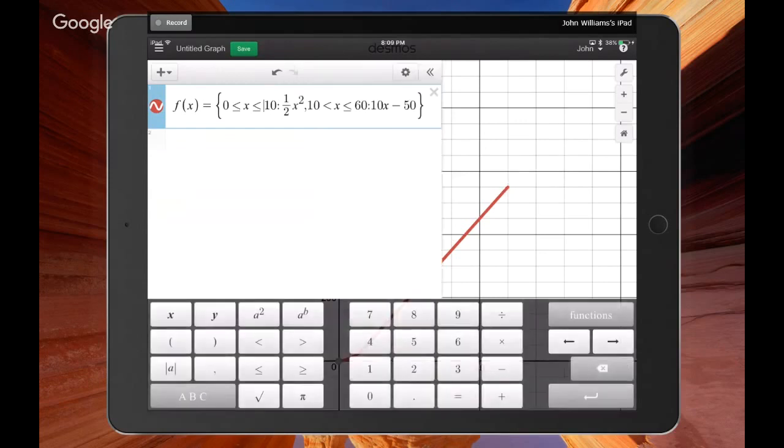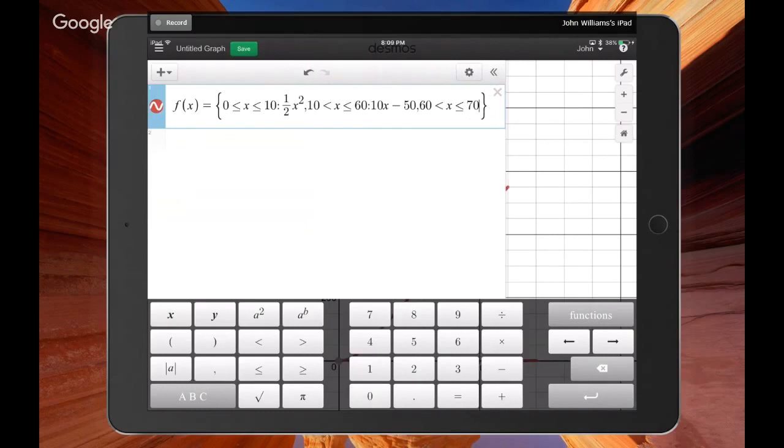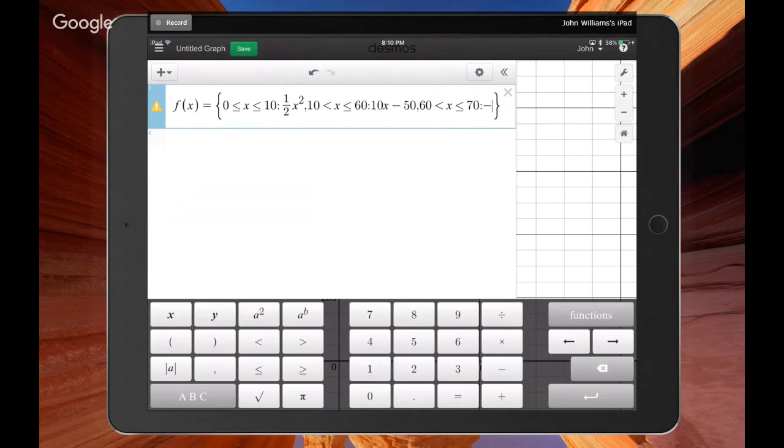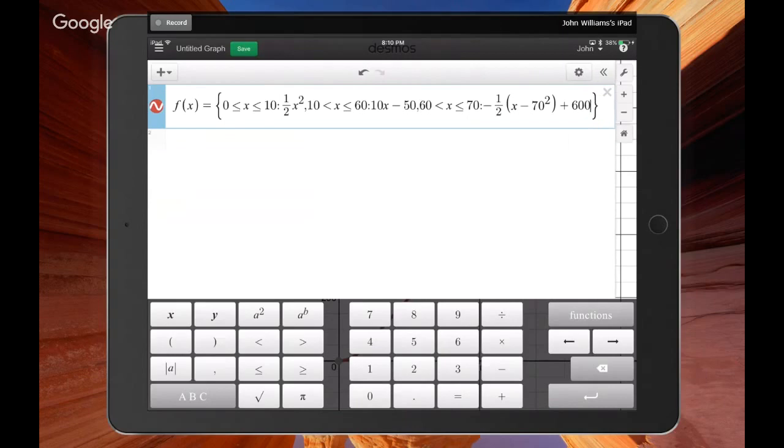But now I come back to here and I say next section, which goes from 60 less than x less than or equal to 70. And I want negative 1/2 x minus 70 squared plus 600.